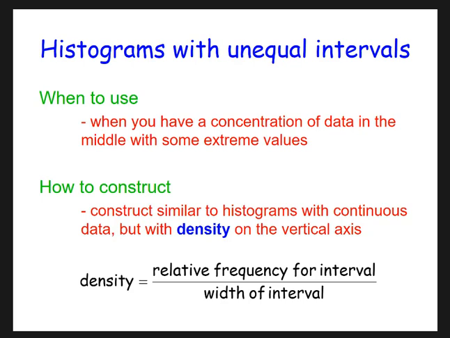That's when the data is concentrated in certain areas and way spread out in others, so that you don't have some bars that are really huge next to ones that are really small. You can adjust the ranges of your intervals to make that work. What we're really looking at here then is more of a density than we are comparing frequencies. The density is your relative frequency for an interval divided by the width of that interval.